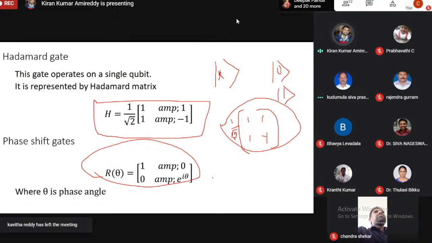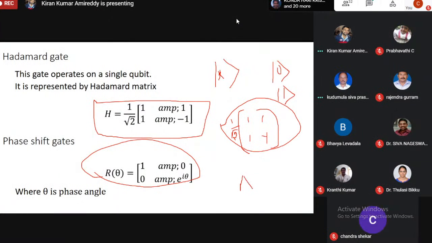So the transform matrix can be R times basis or basis times R, depending upon the situation. Suppose the basis matrix is A and R is this matrix.